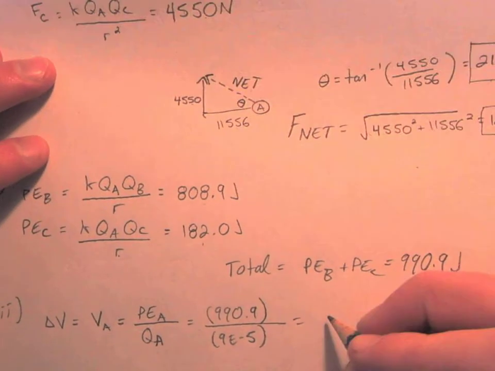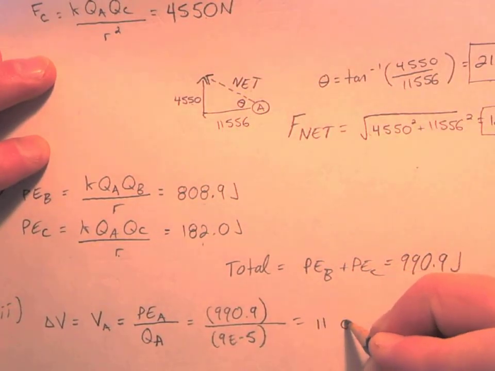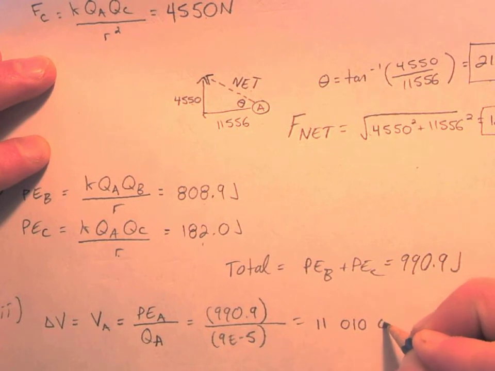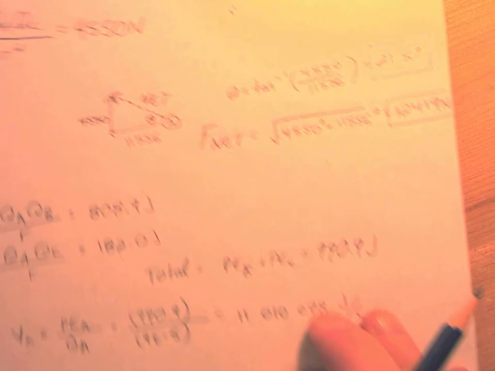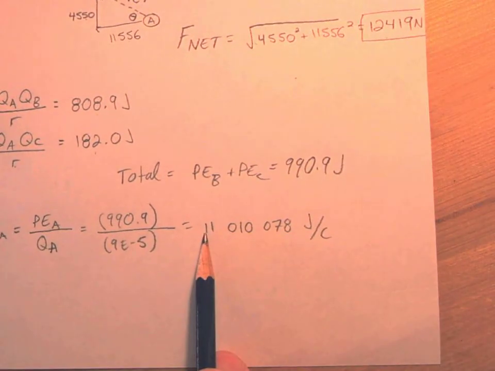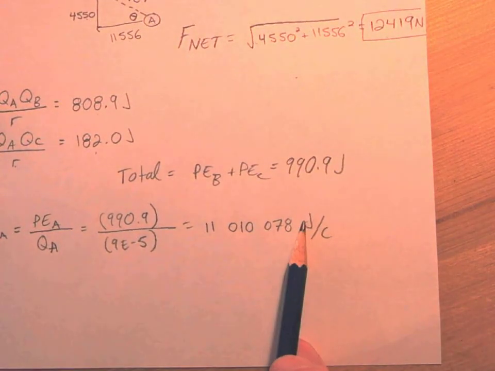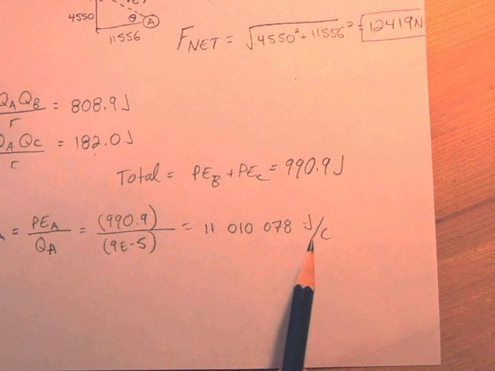And then when we calculate that, I get 11,010,078 volts, or joules per coulomb. I like writing joules per coulomb because it makes more sense to me. So it takes 11 million joules to move a coulomb to that spot from infinity.